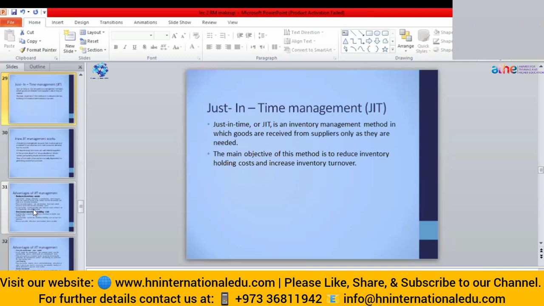Now, just in time management, that is a way through which we can manage our resources. It is an inventory management method in which goods are received from the suppliers only as they are needed. Like we receive the demand from our customer, and according to their demand, we are giving them the order.